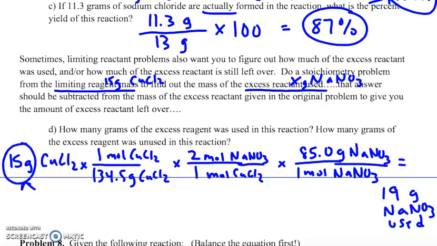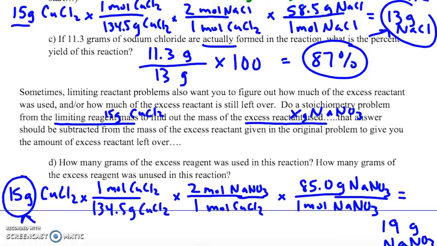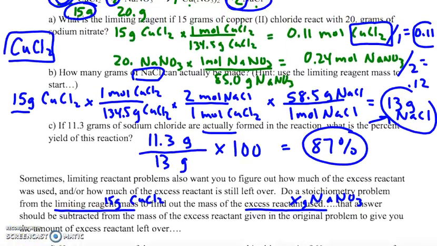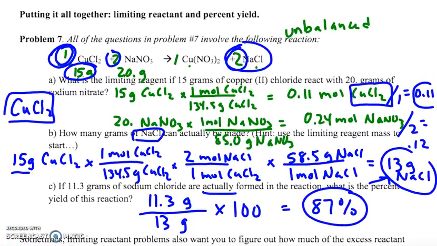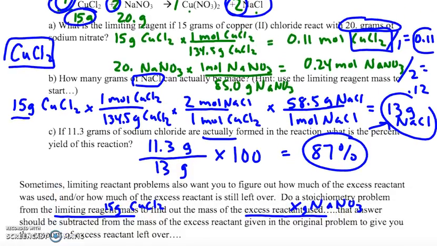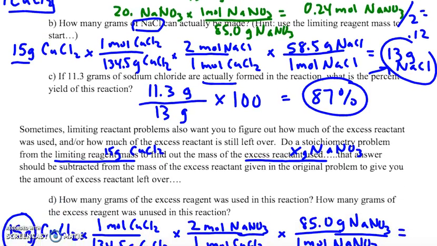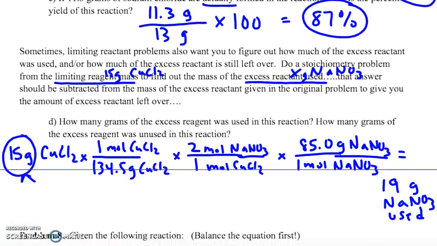Now remember, they told us in the original problem that we were given 20 grams of sodium nitrate. I'm going to go back up to the top and show you what I'm referring to, right up here at the top. 20 grams of sodium nitrate was our original supply of sodium nitrate on hand. So we're going to go back down to the problem below.